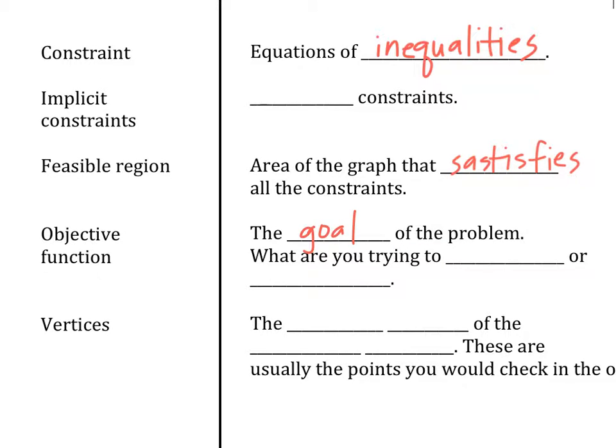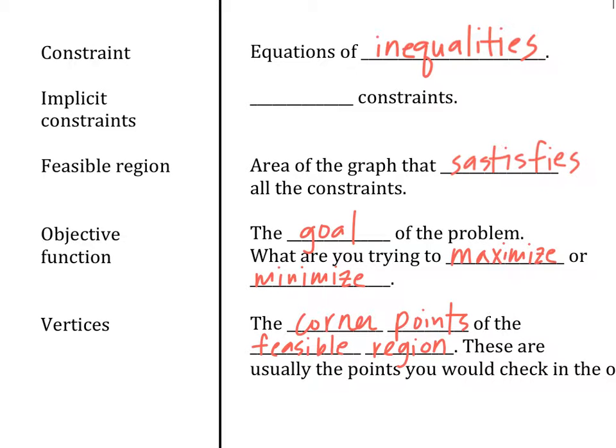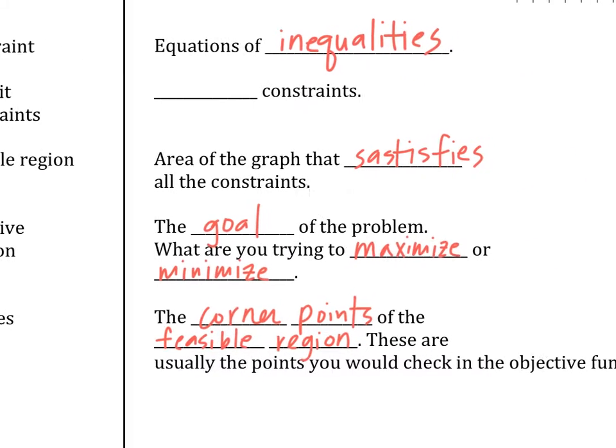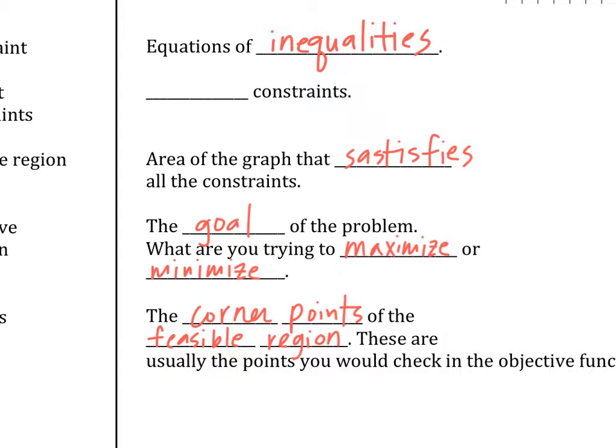So they want 2x plus y to be maximum or minimum. So what you're trying to maximize or minimize. Vertices are going to be the corner points of the feasible region. These are usually the points you would check in the objective function.